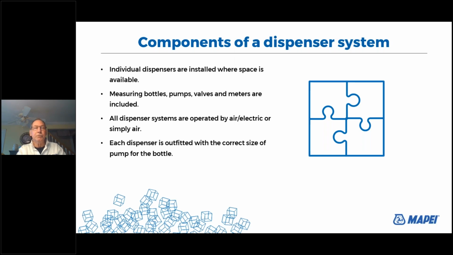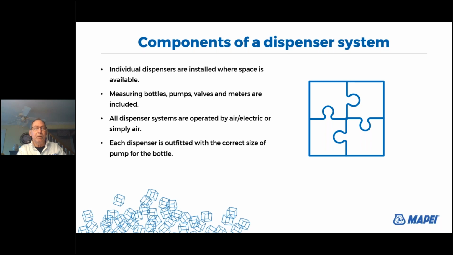Components, individual dispensers, are installed anywhere where space is available. If nothing's available, we'll bring a Conex box, a 40-footer or 20-footer, it really doesn't matter. The measuring bottles, the pumps, the valves, the meters are all included. This is something we provide the producer for doing business with MAPEI. All dispenser systems are air-electric, or simply air, like on road projects where electric is hard to get, except with a generator.